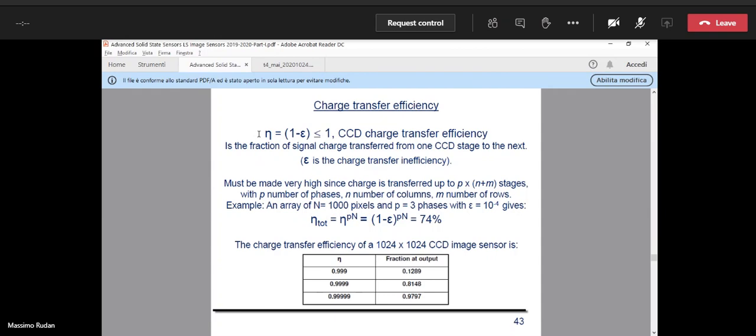So you're losing very much. So in order to have a reasonable fraction at the output, like 0.98, one needs a transfer efficiency of 0.99999. Okay, so something like 10 to the minus sixth in inefficiency.